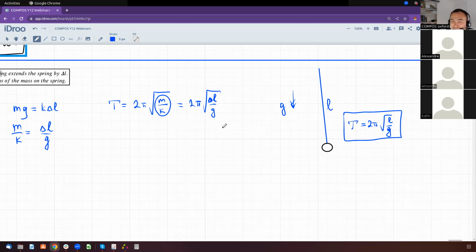It looks very familiar. It's not the same thing, but they look very similar, although here it's the extension of this spring. This is the time period of a pendulum.